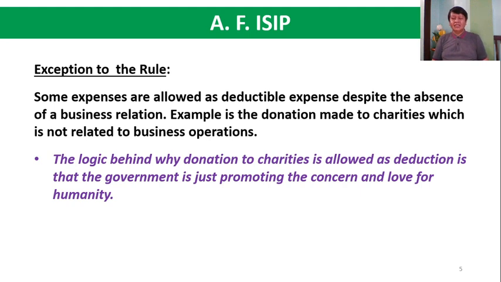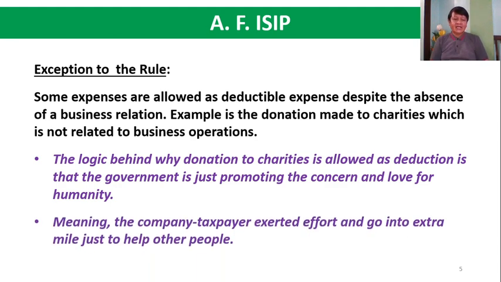Your company has that display of love and affection for humanity. That is the first reason or logic behind why the government allowed donations to charities as deductible expense, because your company is showing utmost concern and love for humanity.